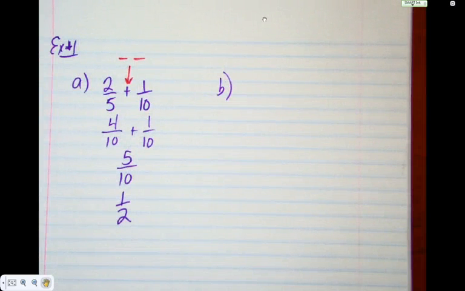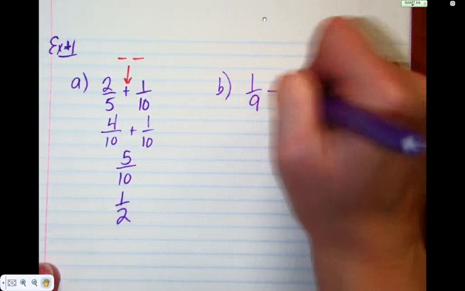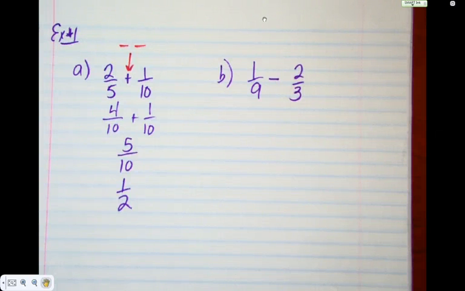Okay, B, we got a positive, negative thing going on in the middle, so what's that going to become? If you're opposite, you have a negative experience. So I'm just going to jump right ahead and write that as a negative. Step number 1, change to improper fraction. Don't need to. Step number 2, LCD.